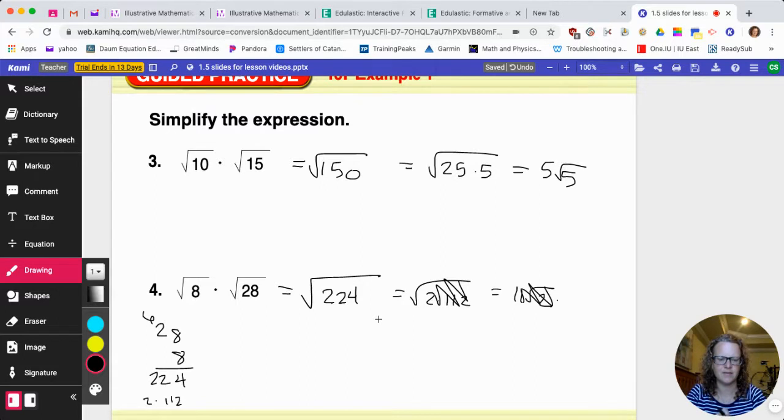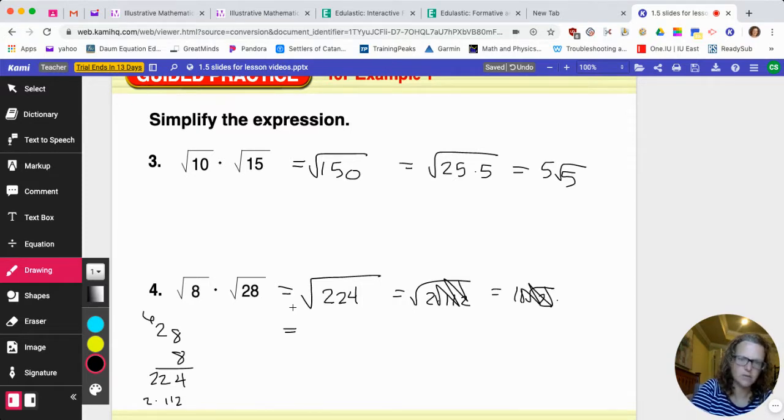If I divide that by 2, I get 112. And I thought 112 is not a perfect square. I got my 11 squared messed up. So 14 times 14. Nope.